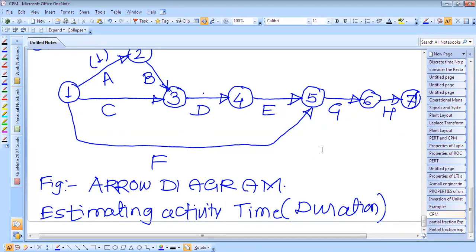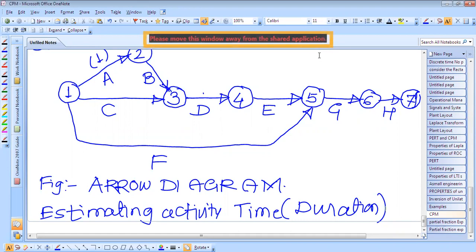But if the person is new and the past data is not available with him, then it is better to use the PERT technique for estimating the duration for each activity. We already saw in the PERT technique how the expected time required to complete an activity is calculated. But if the estimator is experienced, after consulting others he can directly give the time for that activity.